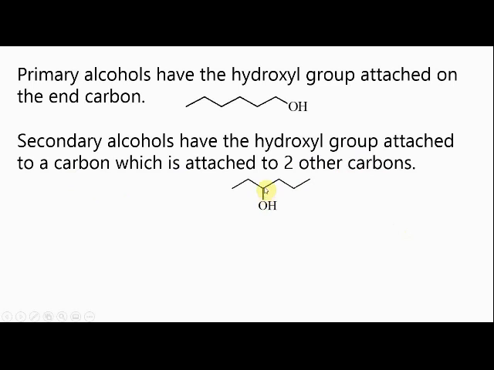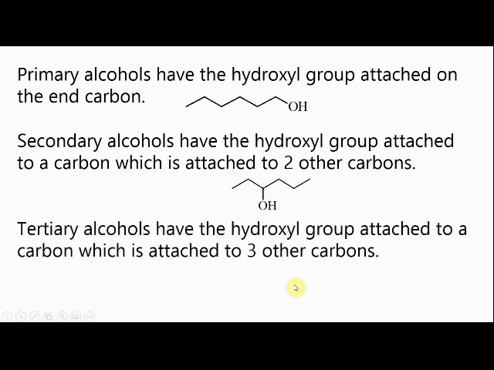And if the carbon that the hydroxyl group is attached to has another branch on it, so it's attached to three other carbons, as in this case, then we have a tertiary alcohol.